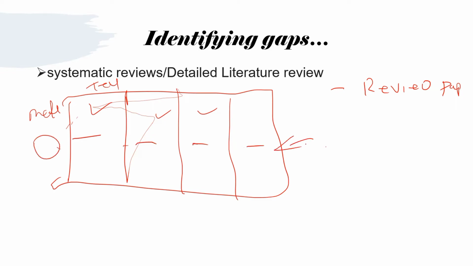There's a possibility that you might be able to get something done appropriately. So a systematic literature review or detailed literature review will definitely provide you with a lot of guidelines and possible directions that we might have to look into, to see what we are going to select as our own area of target to be investigated.